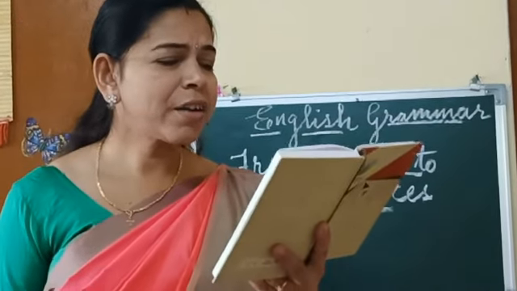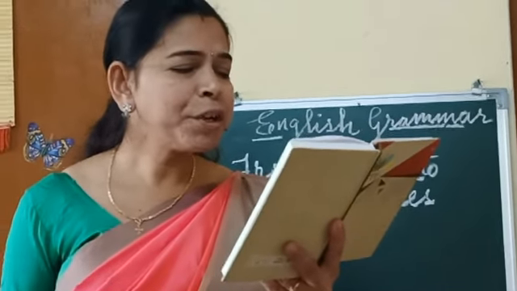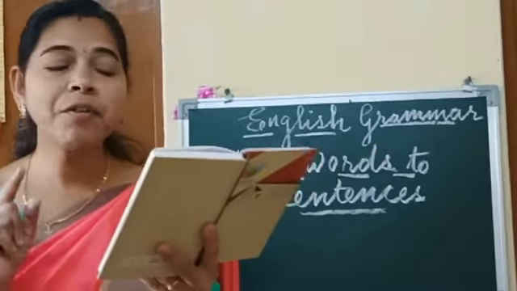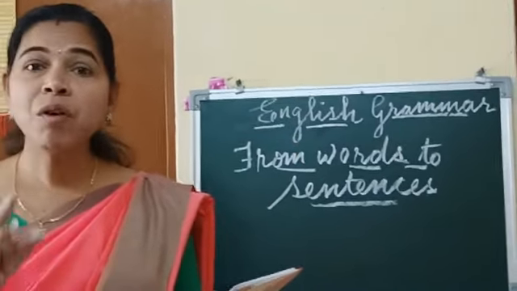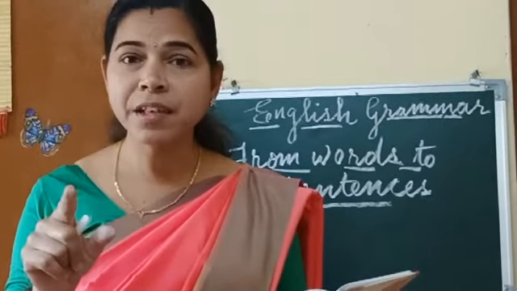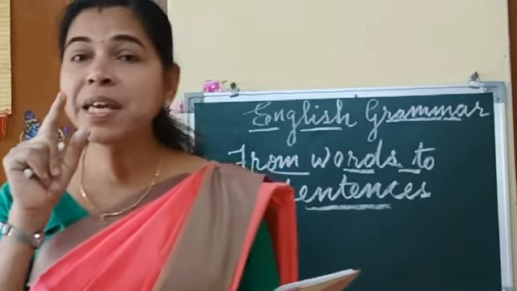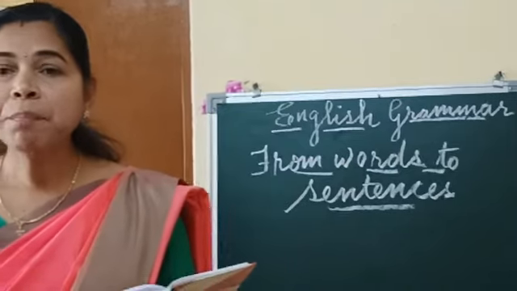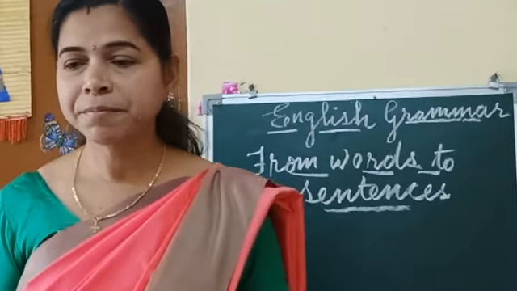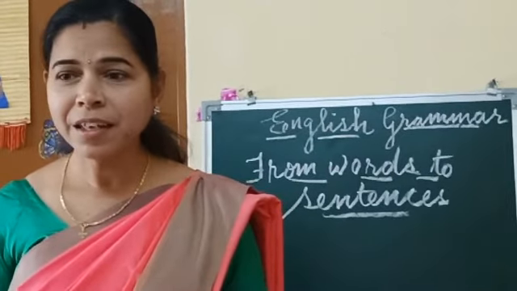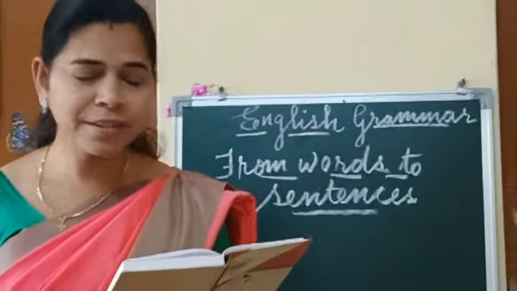Words are formed by putting the letters or alphabets together. So how do we make words? Words are being made by putting the letters or alphabets together. Did you get me? How do we make words?